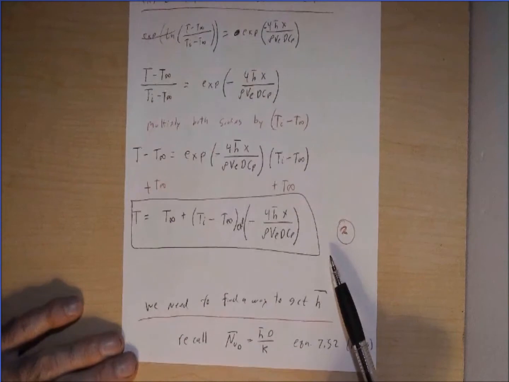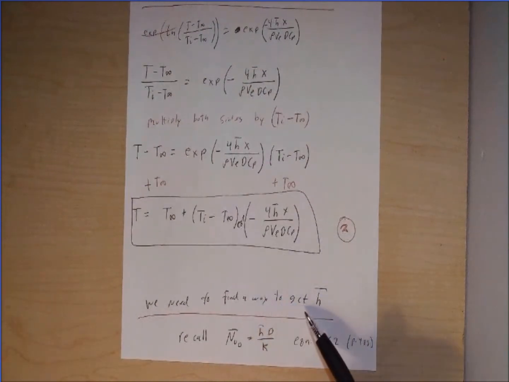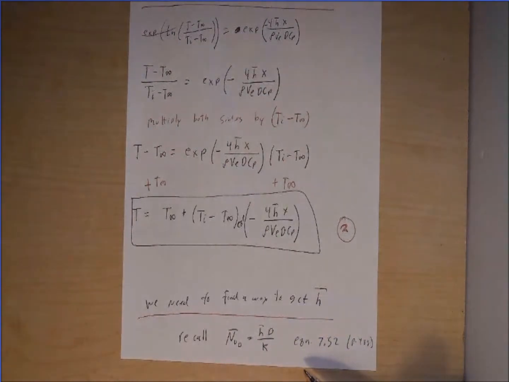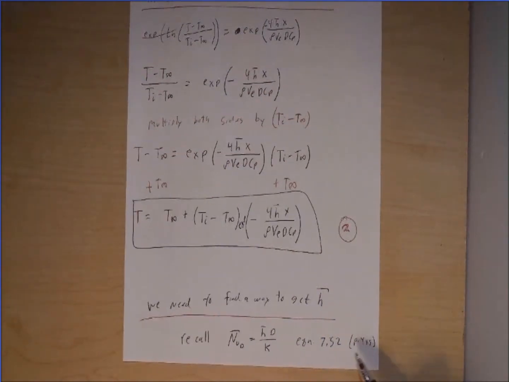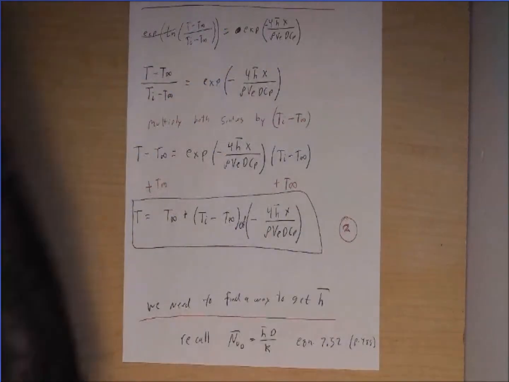So now we have this equation here, but we need to find a way to get our h bar. So that's when we take a look at a relationship shown in equation 7.52 on page 485 of our textbook for a Nusselt number: average Nu_D is equal to average h D over k. We can take this relationship from equation 7.52 to try to get our h bar out of there.